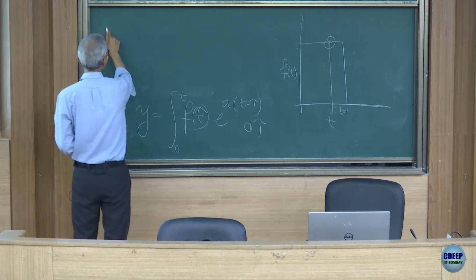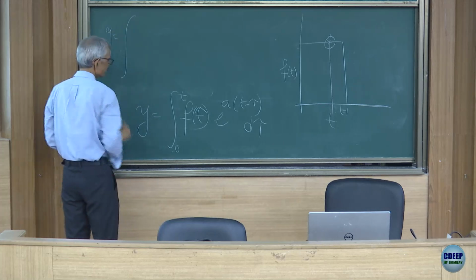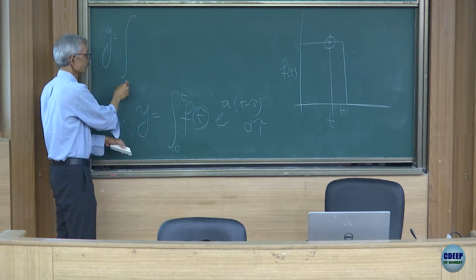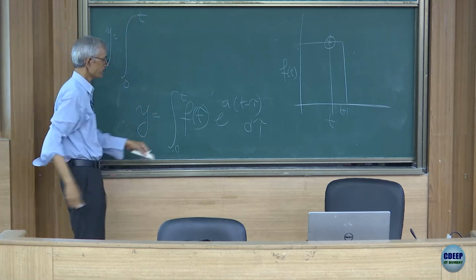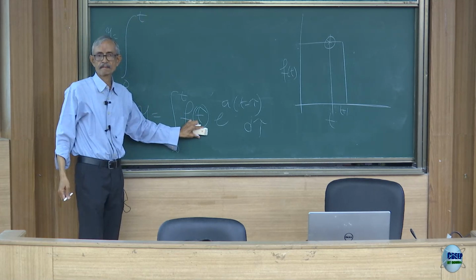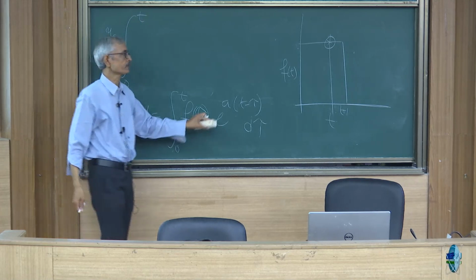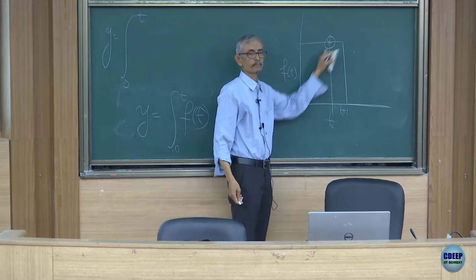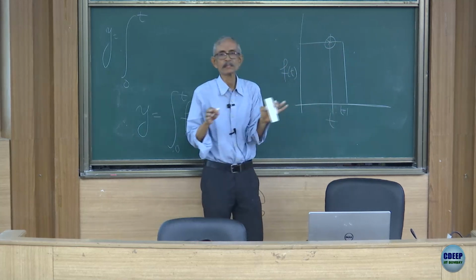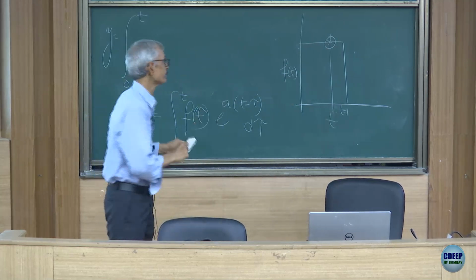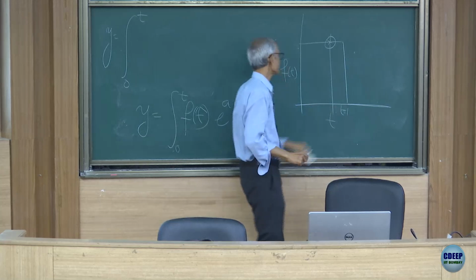Y is equal to the integral from 0 to t, right? So what would be the limits on this integral? 0 to t. What is f tau? F tau is 1, right? This is f tau, which is 1 up to t, because my interest is only up to t. I'm not interested in downstream of this particular location, which is 1.